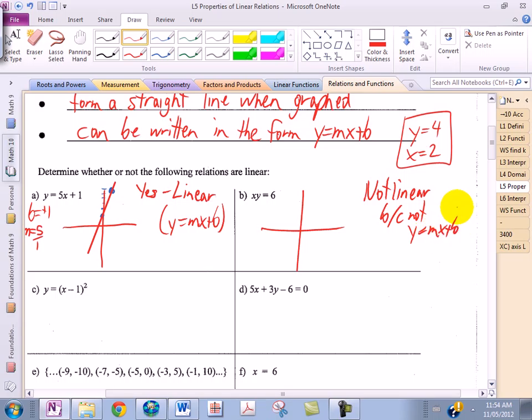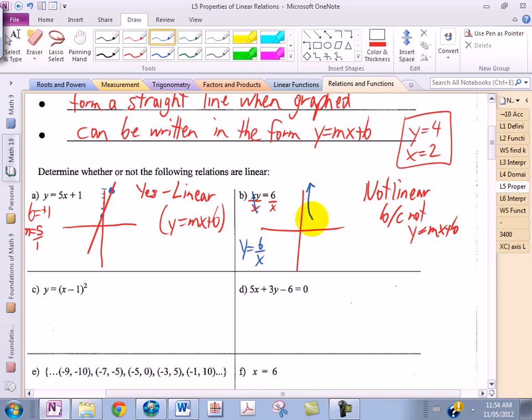How would you get the x to the other side? Divide it. So these cancel on the left, which is what you want. You're left with y equals 6 divided by x. Okay, you've never seen that before. It's definitely different.